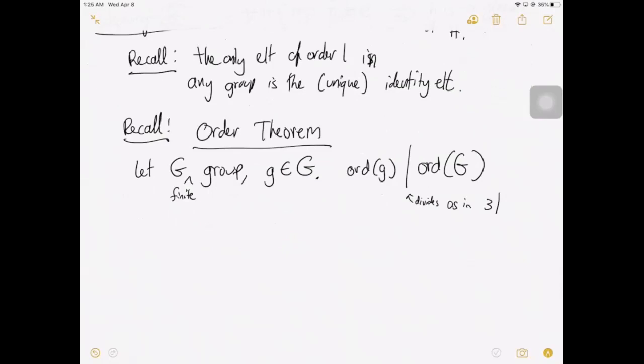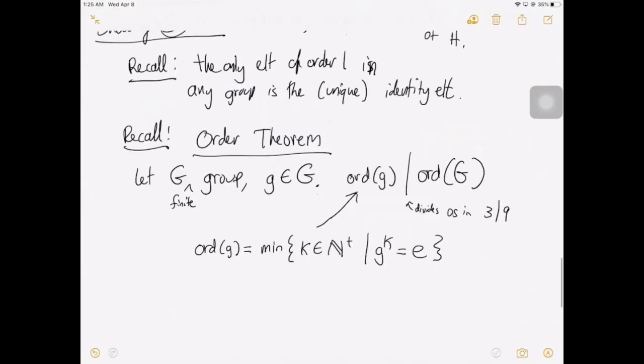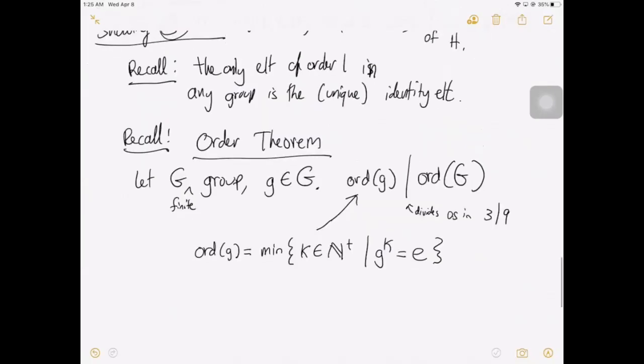Cool. And now what does it mean, the order of the little element g? The order of little g is defined to be the minimum k in the positive naturals such that g to the k is equal to the identity element e. Cool. Now, let's prove a little lemma.